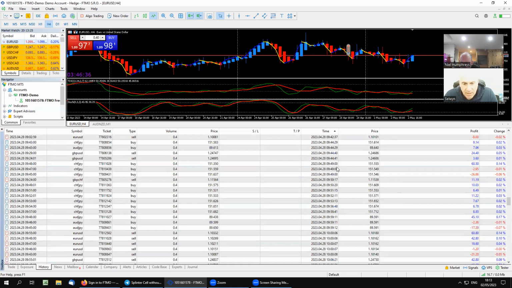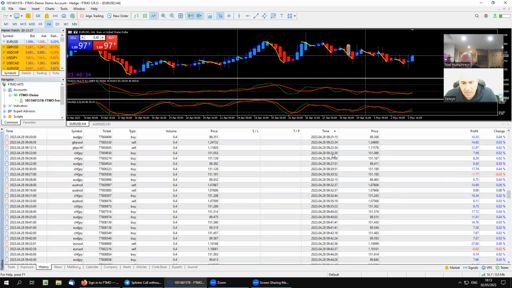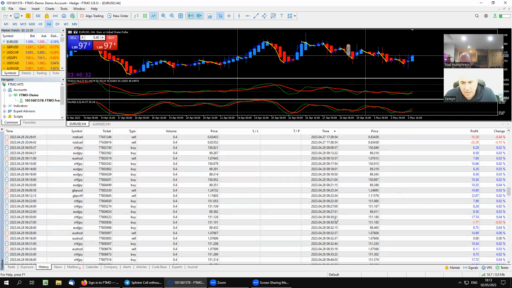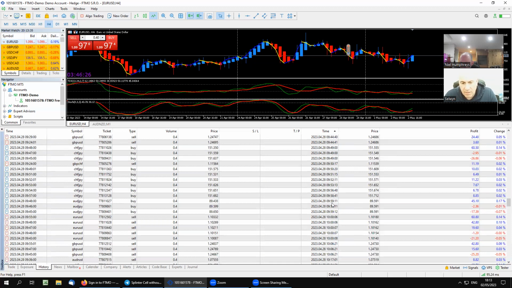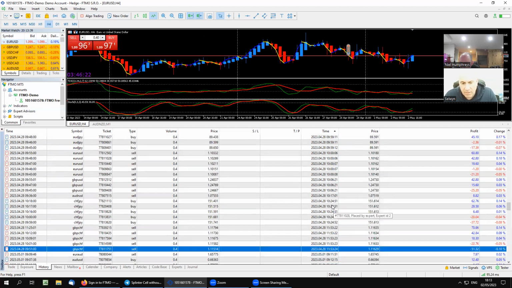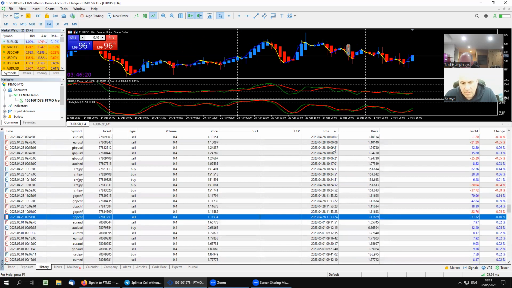So I'll start at 9 server time, and it'll stop trading at 10 server time. So it's trading up to about here, then it'll stop trading here, and then these are all graceful closes. Because it's minus 2 hours, isn't it?